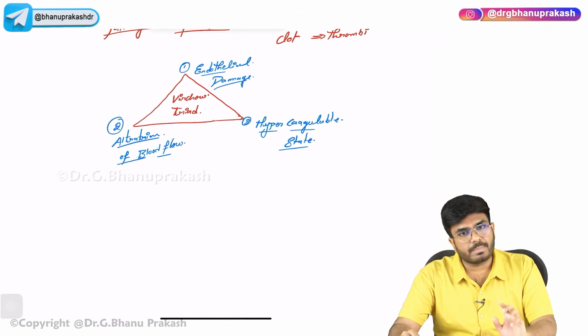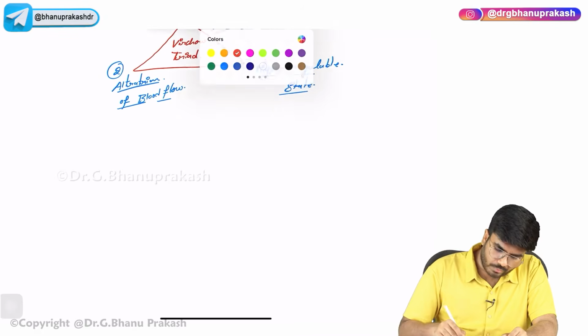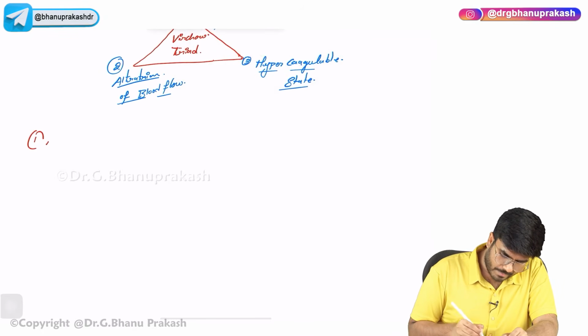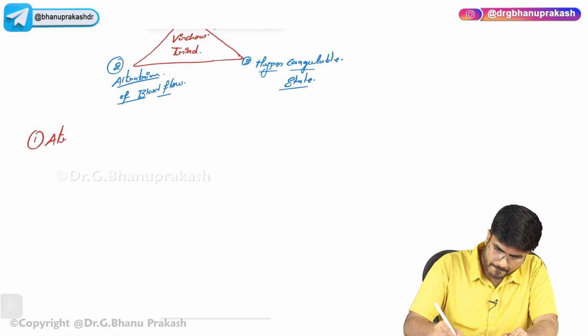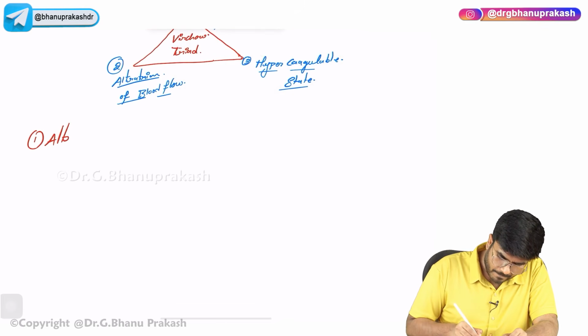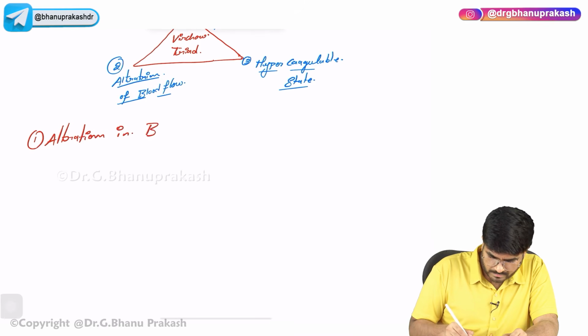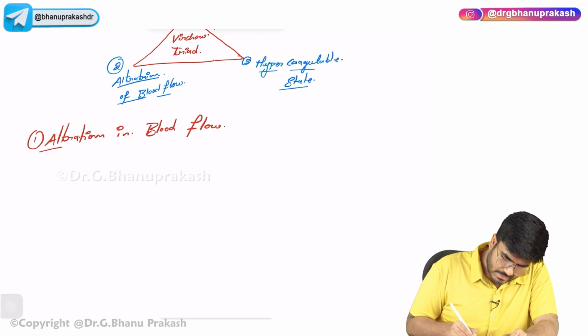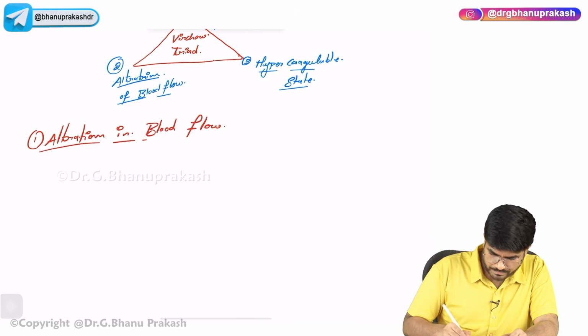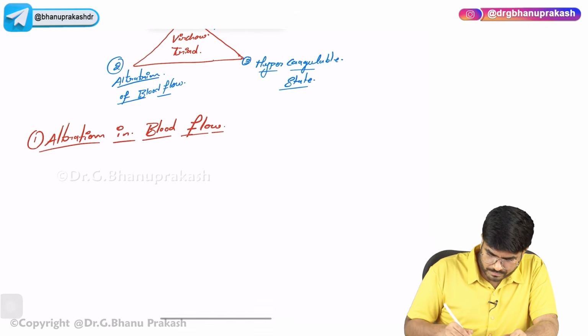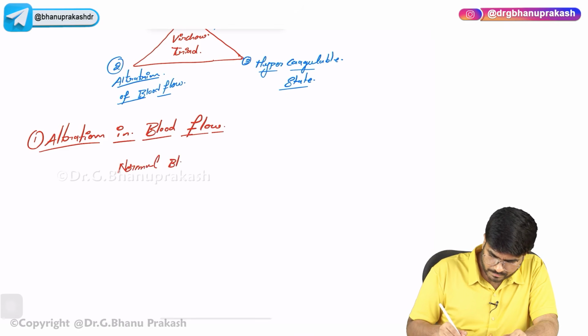Now first let's begin with the alteration in blood flow. So what exactly is this alteration? Let me write here, normal blood flow.